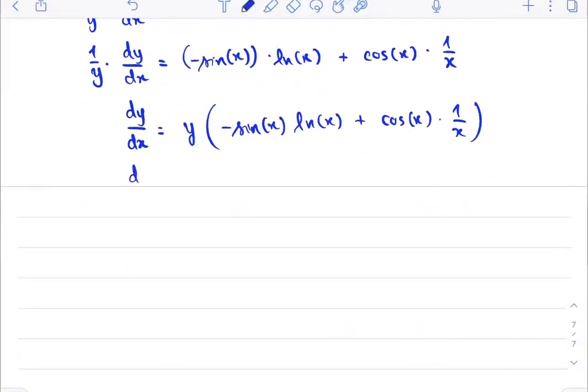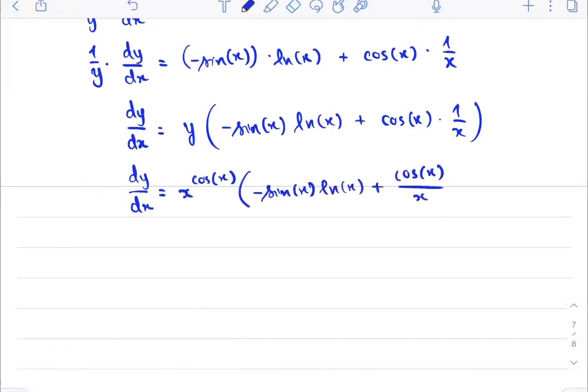That is dy/dx equals x to the cosine of x times negative sine of x times ln of x plus cosine of x over x.